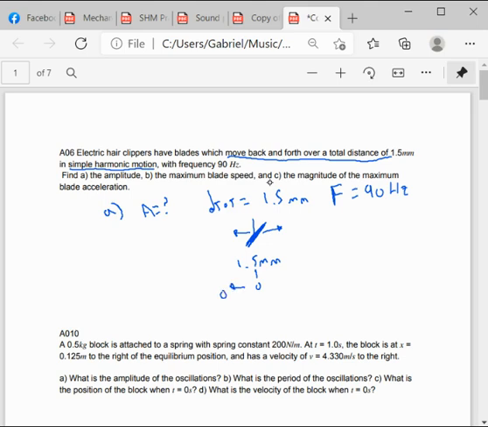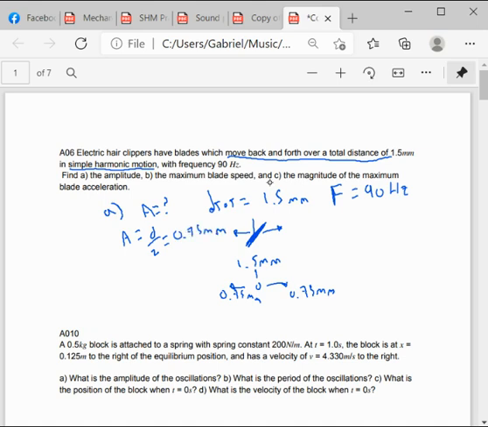It'll move 0.75 millimeters to the right, and then swing back 0.75 millimeters to the left. And that's as far as it goes on either side, for a total distance of 1.5 millimeters. So the amplitude then is just half the total distance, giving you 0.75 millimeters.